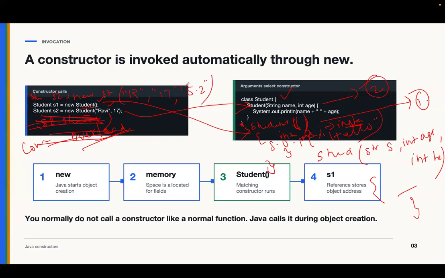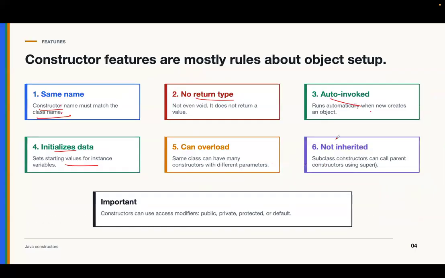What will happen? Sorry, it's only an integer. So what will happen? There are three parameters, so which constructor will be called? The third one, because it has three. So this is nothing but constructor overloading. The same class can have many constructors with different parameters.